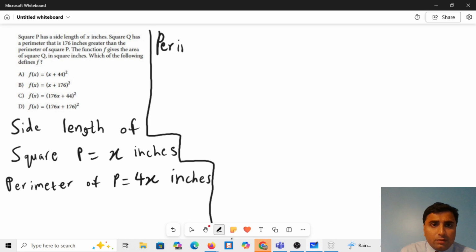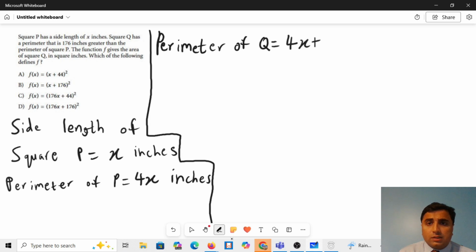Perimeter of Q is going to be equal to 176 inches greater than the perimeter of square P, and that is going to be 4x plus 176 inches.